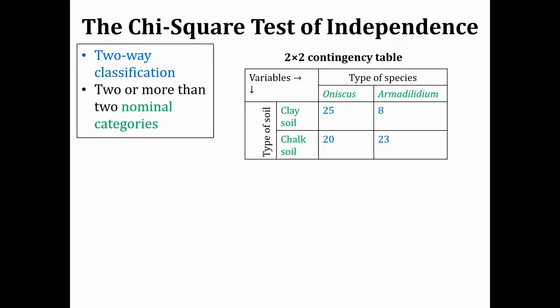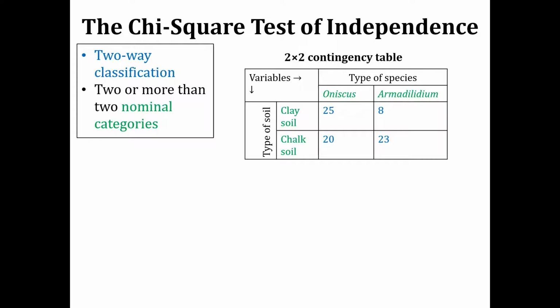So number 25 here, the cell which contains the observation 25, is the number of Oniscus in clay soil. So this number 25 is a two-way classification because it represents two variables at a time. And then the number 20 is Oniscus in chalk soil. Number 8 represents Armadillidium in clay soil, and number 23 represents Armadillidium in chalk soil.